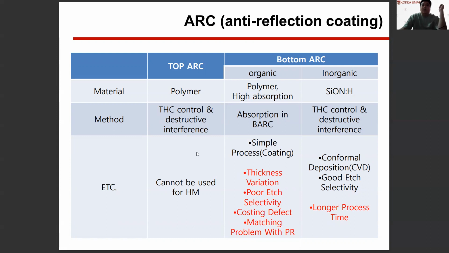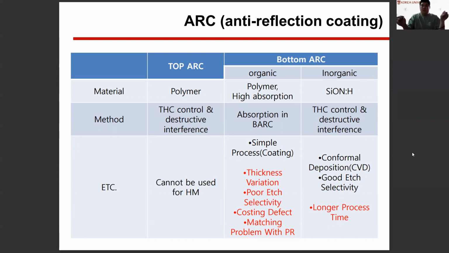Because the photoresist is also made of polymer, they can chemically react and make even more defects. So for modern technologies, most anti-reflection coatings are bottom ARC with inorganic materials.